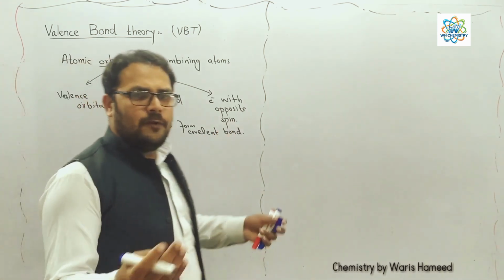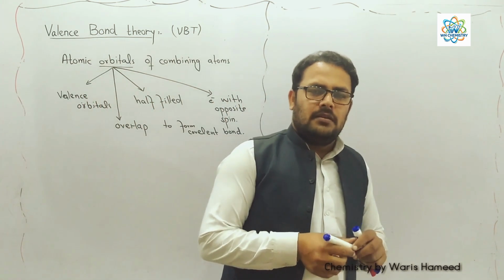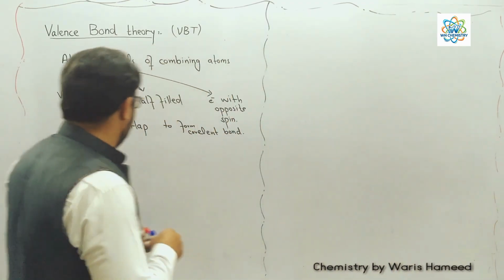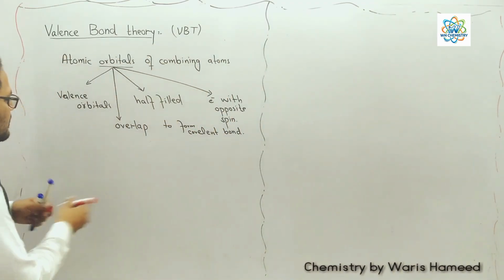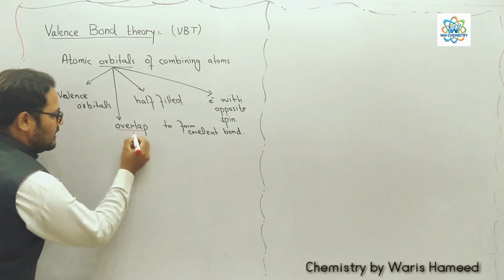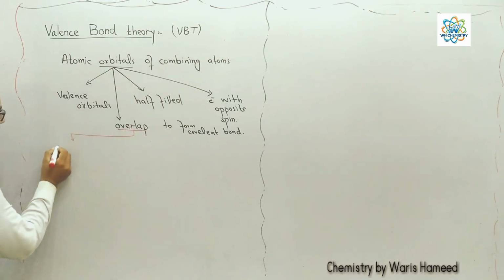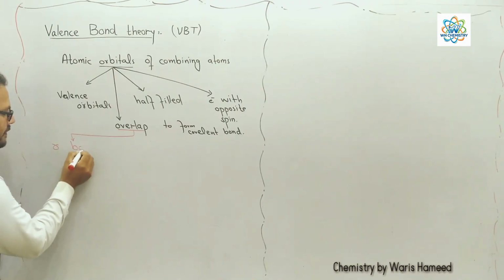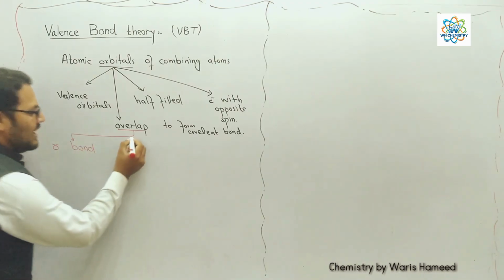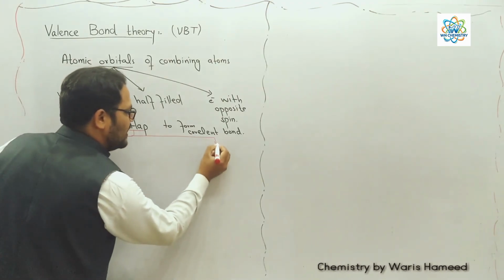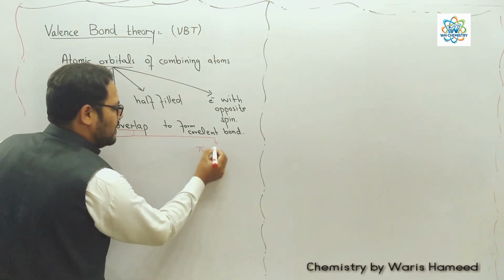Now, how can they overlap each other? There are two ways for their overlapping. First, they can overlap head to head, forming a sigma bond. And second, they can overlap side by side, forming a pi bond.